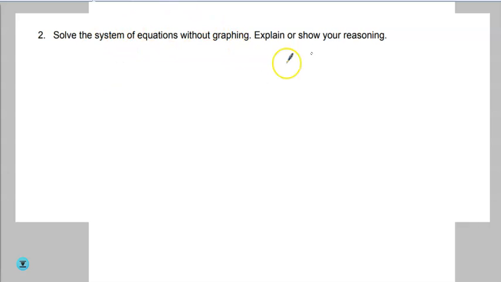So now, moving on to part 2, solve the system without graphing. So without graphing, again, we have 20C, 20 calculators, and 10 measuring tapes equals $495.